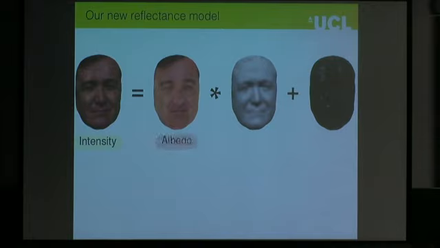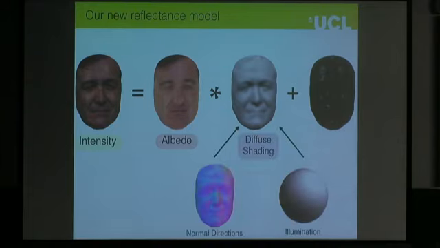And of course we know that this is the product of the albedo and the diffuse shading, which in turn is the product of the surface normals and also the illumination. And then finally we also allow for some specular highlights. So this is an additive term where we can allow for specular highlights so that we can deal with surfaces that are not just diffuse.